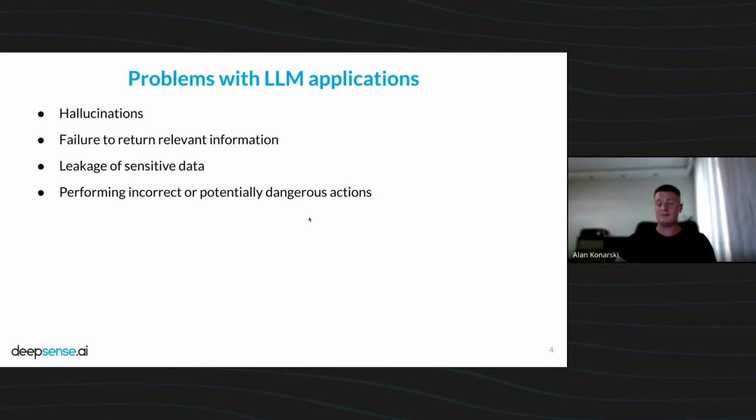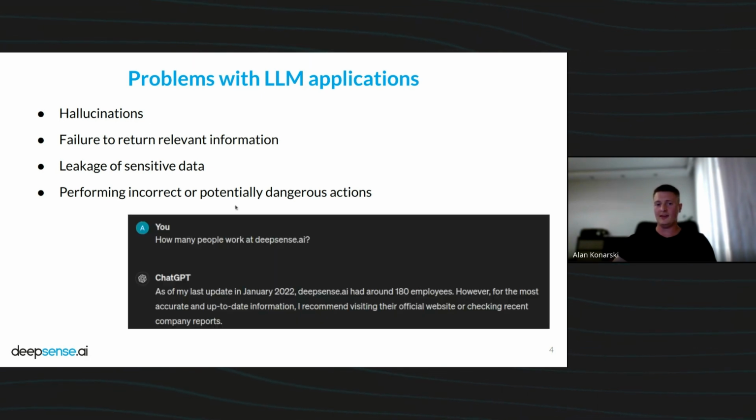The next problem, especially with agents, is performing incorrect or potentially dangerous actions. For example, if we give an agent the ability to write to a database, it is possible that it will end up deleting our whole database for some reason, either intentionally or just by pure mistake. Here's another example, a continuation of my chat with ChatGPT.